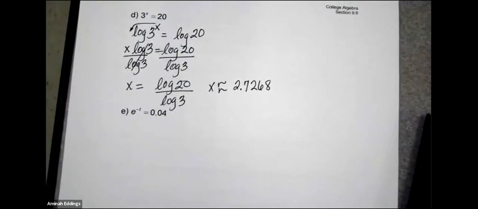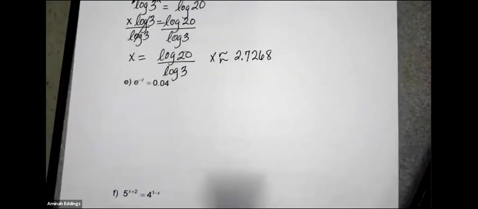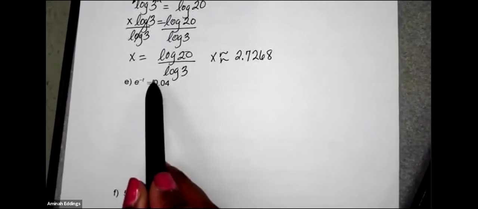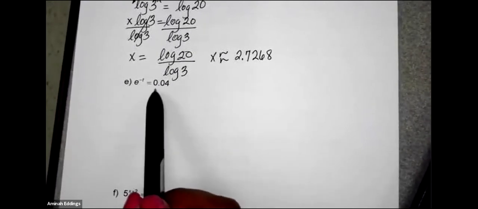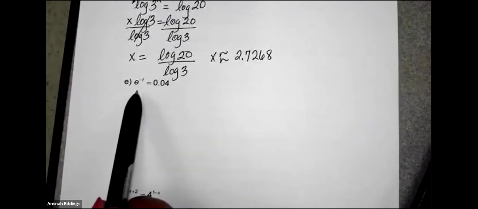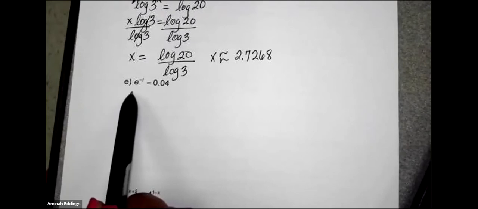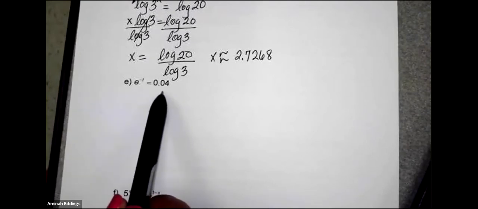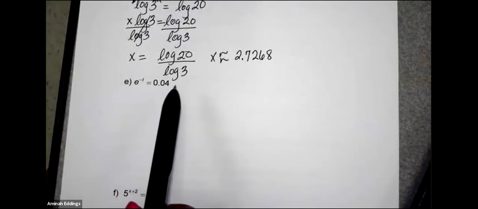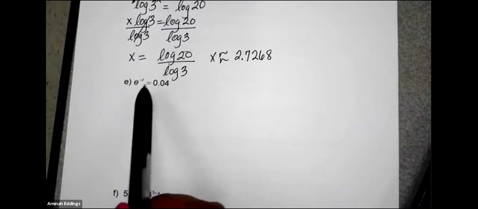Okay, let's look at E. So we have e to the negative t power is equal to 0.04. I cannot make my bases the same because I have a base of e and a base of 0.04. So I am going to take the log of both sides.